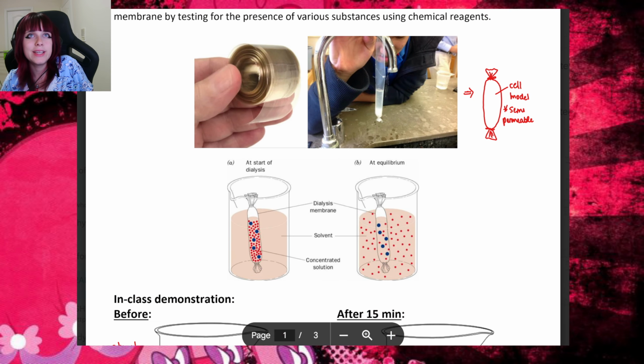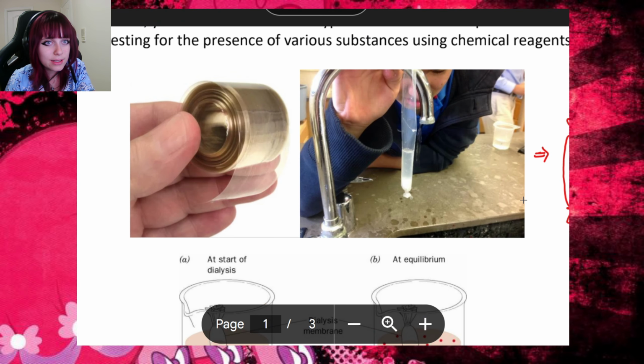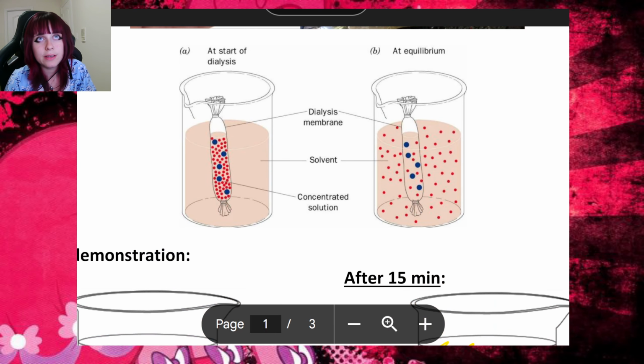Now, we have the drawing here, so we're going to go through that. So at the start of dialysis, we have our solvent. We're going to think of this as our, I believe, Benedict solution, but I could be wrong. But what we're looking at here more is just how these solutes distribute themselves.